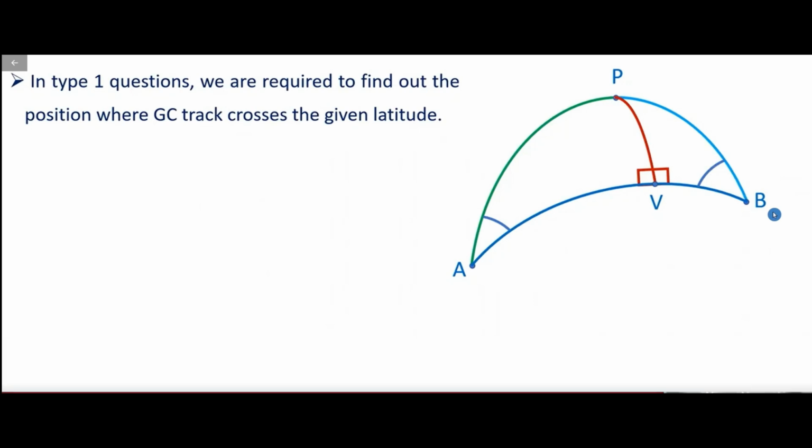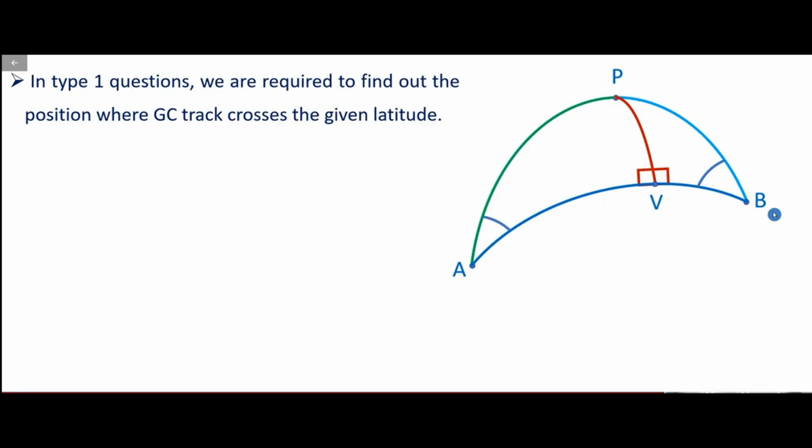So beta, now we are going to discuss the first type in which they have given us a certain latitude and they want us to find out the position where the great circle track crosses that particular latitude. So this is the first type.